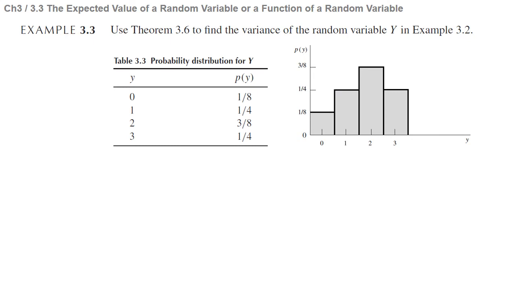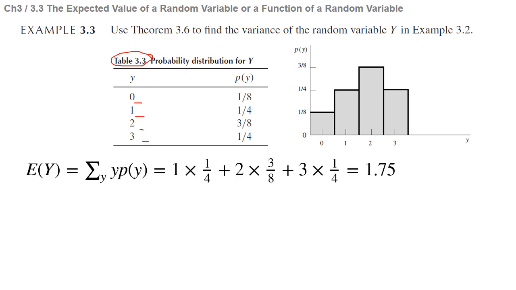Let's look at example 3.3. Use theorem 3.6 to find the variance of the random variable Y in example 3.2. In example 3.2, we have a discrete random variable Y. The related probabilities are defined in table 3.3, and this time let's calculate the variance using the formula in theorem 3.6.